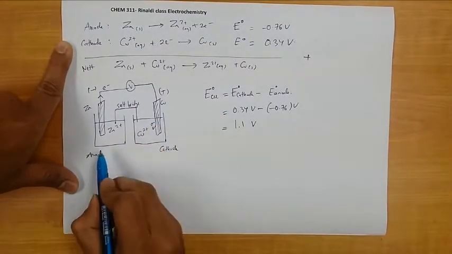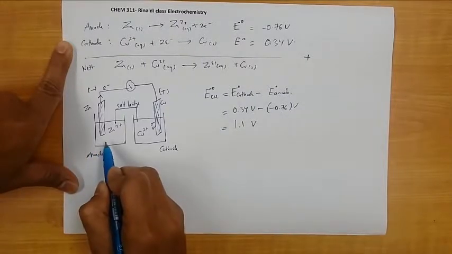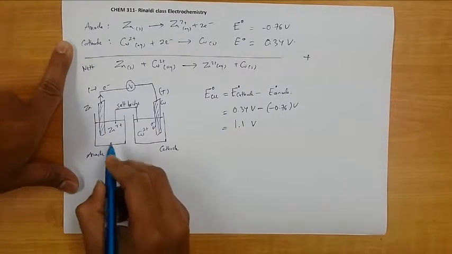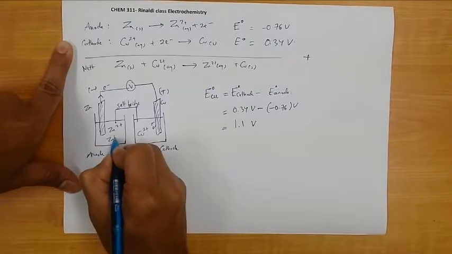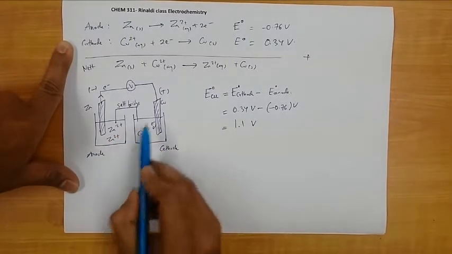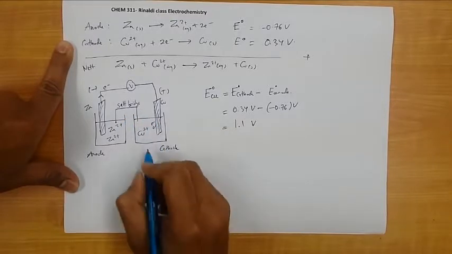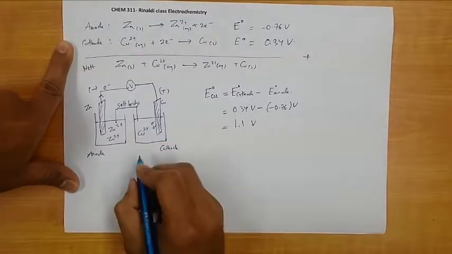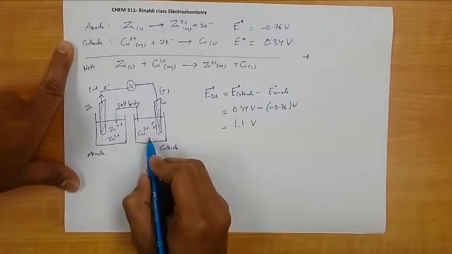Now on the anode side, because you are oxidizing the zinc, you will produce more zinc 2 plus, right? More zinc 2 plus ions. And on the cathode side, you will get less copper 2 plus because you're reducing it.